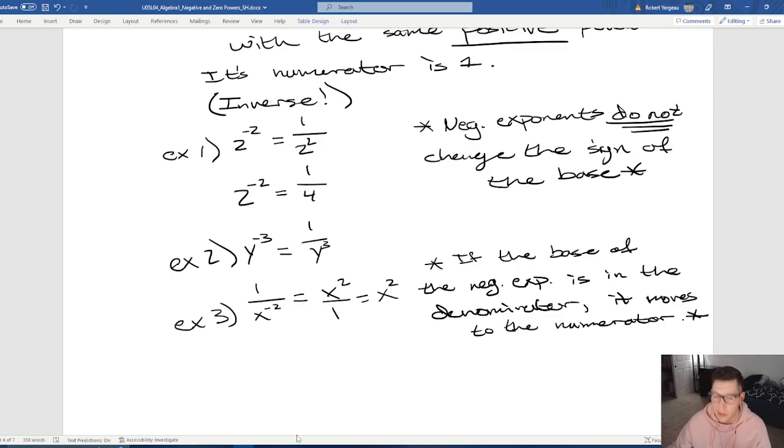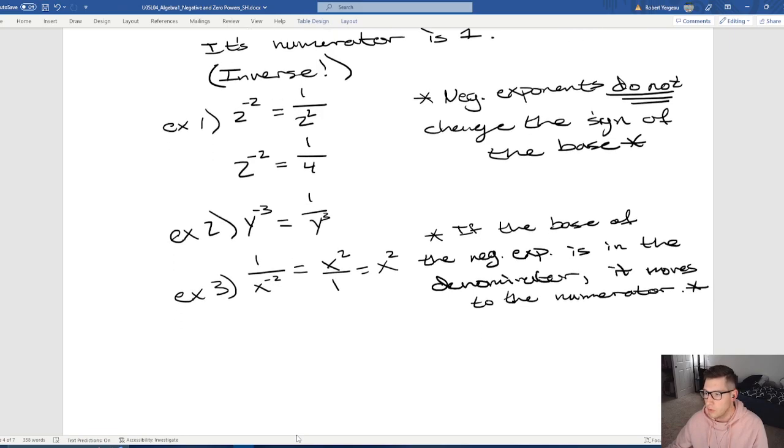So if the base of the negative exponent is in the denominator, it moves to the numerator. Again, the simple way of thinking of this is that wherever it is in the fraction, it swaps. If we think of keep, change, flip, it's just the flip part of it. That's all this is really doing.